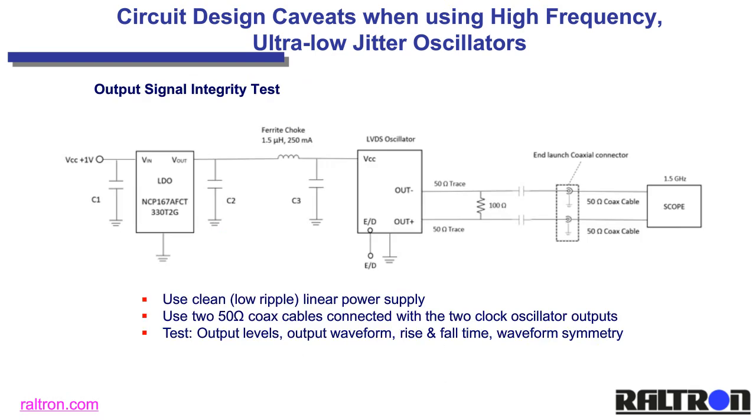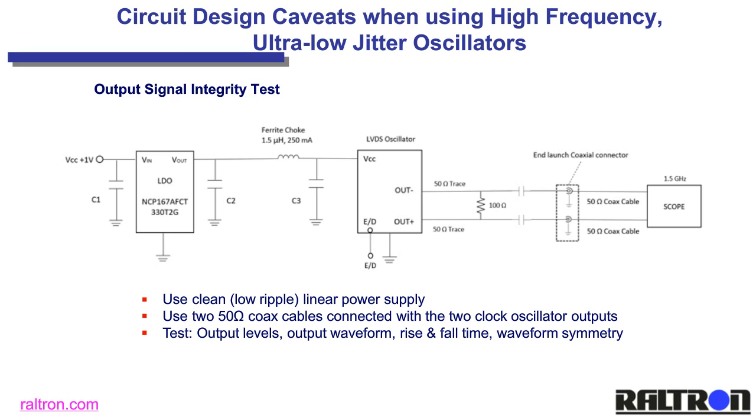Thirdly, we are talking about the output signal integrity. People have sometimes measured and did not get the perfect eye diagram for an LVDS oscillator. There were ringing and overshoots. So it is very important here to use as clean a power supply as possible when you take the output waveforms.